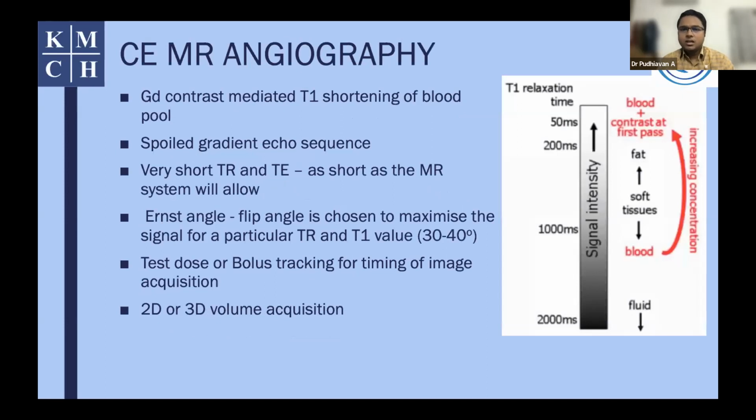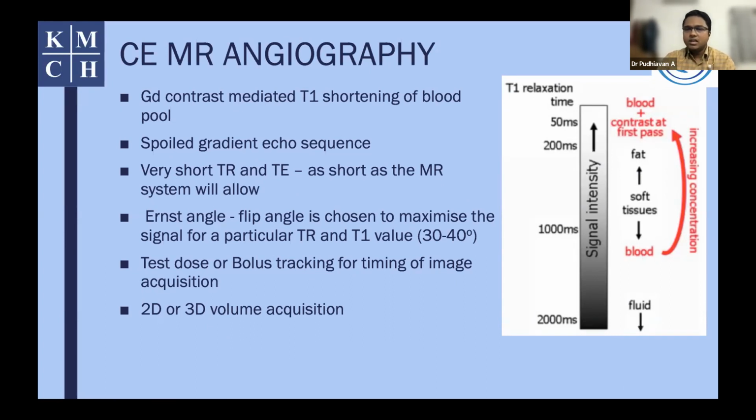So coming towards the end of the talk, a little bit about contrast enhanced MR angiography. The gadolinium contrast causes T1 shortening of the blood pool. Normally, fat has the lowest T1 relaxation time, and hence it has the brightest signal on an image, whereas blood has a much higher T1 relaxation time.